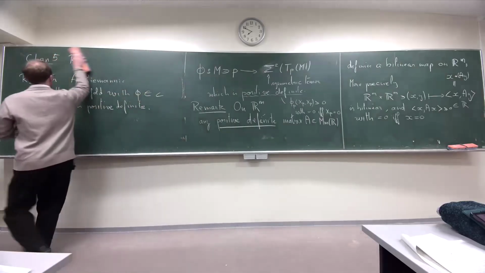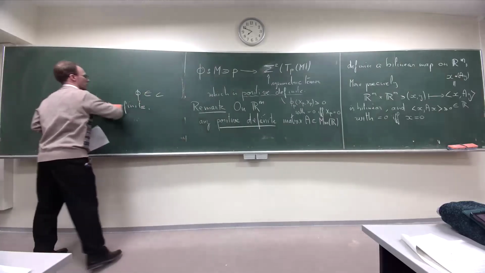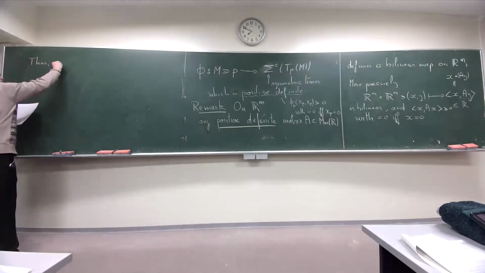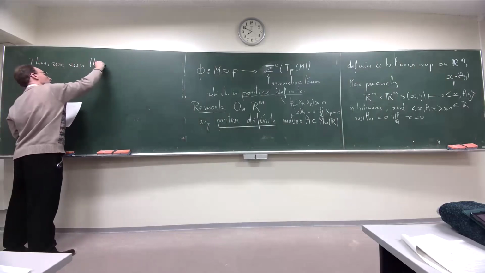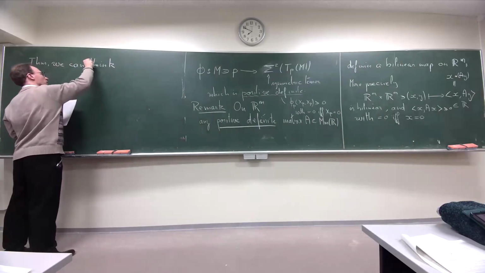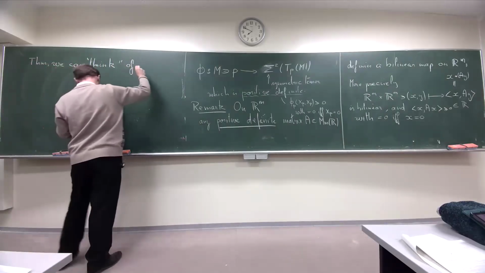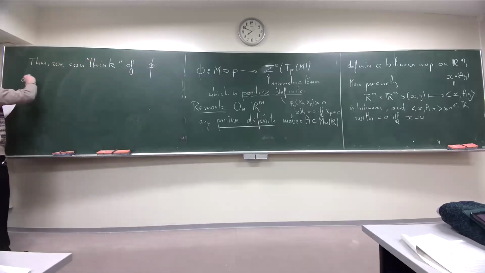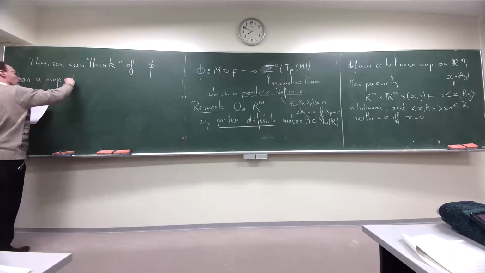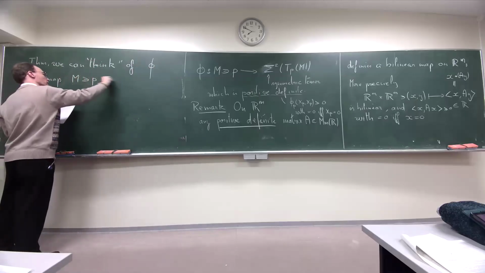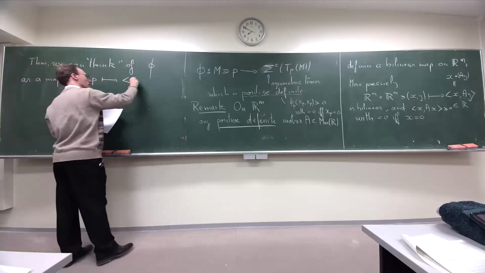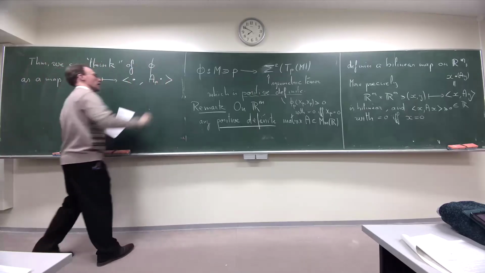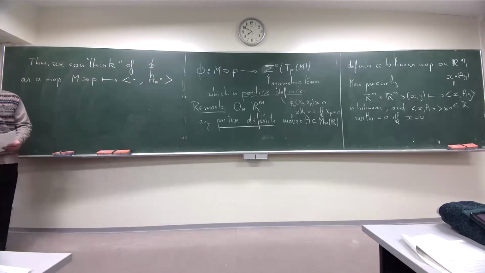Thus, we can think of phi as a map from M, take a p, goes to A of p.